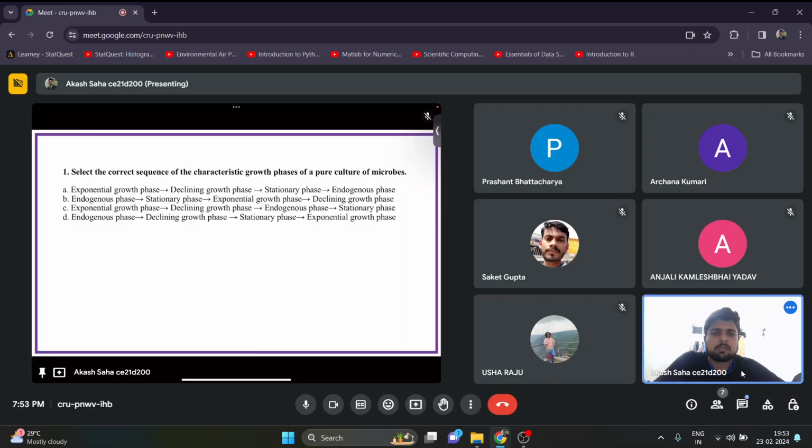You might remember the microbial growth phases. First there is some lag, then there is log growth, then there is a flat line, and then there is a steep downward slope. So what are all these phases? Anyone? B. Prashant, I don't think that is the right answer.